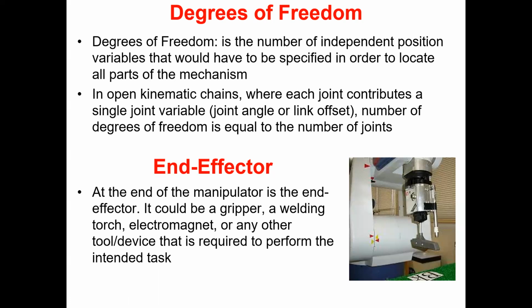You want to calculate the endpoint of the manipulator. You draw the structure and you figure out how many variables are there in the manipulator. And if you do not know any of these variables, you cannot calculate the endpoint. So the number of these variables is called degrees of freedom.